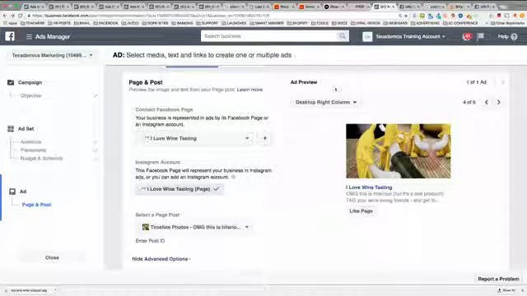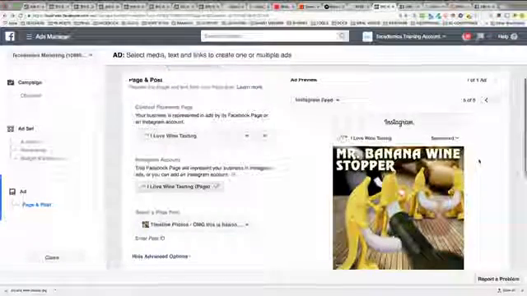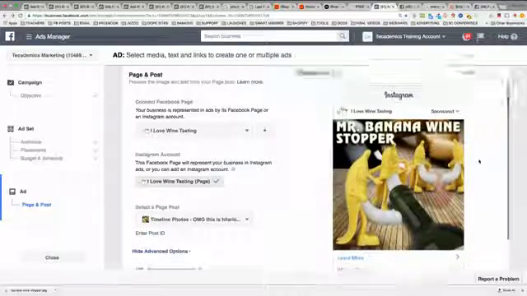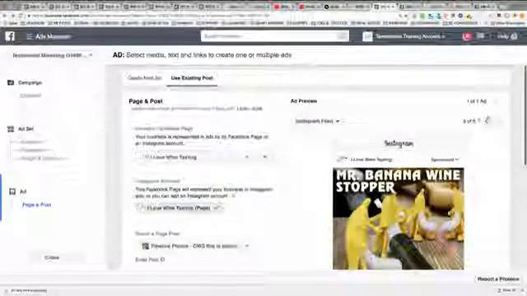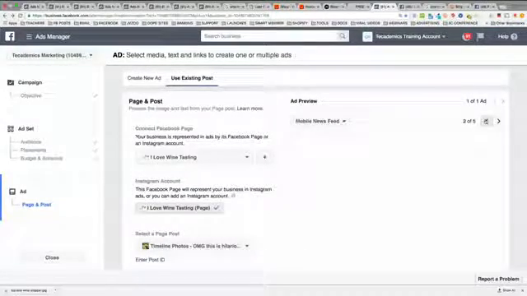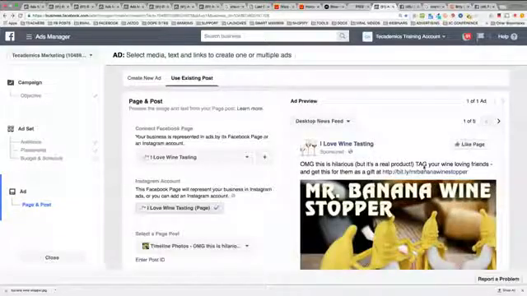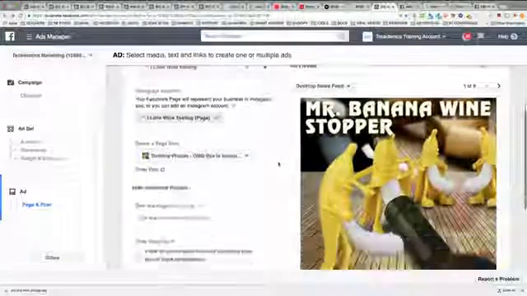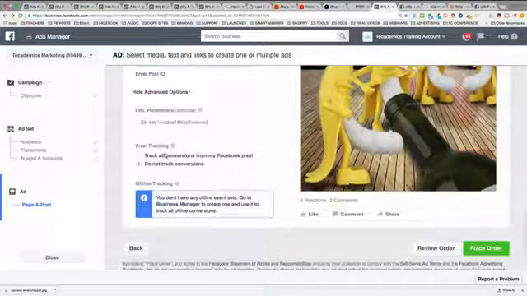If that's the case, you can go back to placements and uncheck right-hand column and say, that's not going to work. And that's what it's going to look like on Instagram right there. If they click learn more, it's going to go to your website. So you can see what it's going to look like. I don't know why mobile newsfeed is not showing up in this graphic. Now, the last thing over here is a tracking pixel.